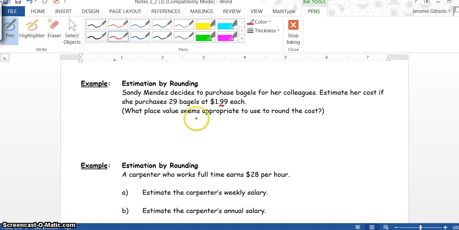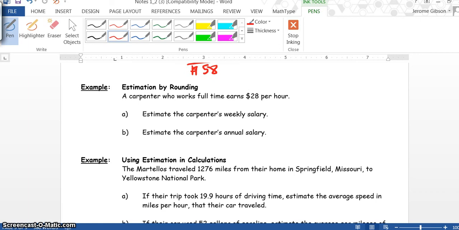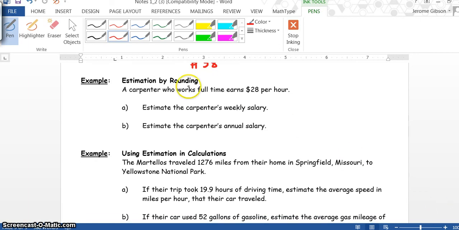So we'll take our 29 bagels times $2. 29 times 2 gives us $58, and that will be the final answer. And this $58 is within about 29 cents of the actual value, so that's very close.